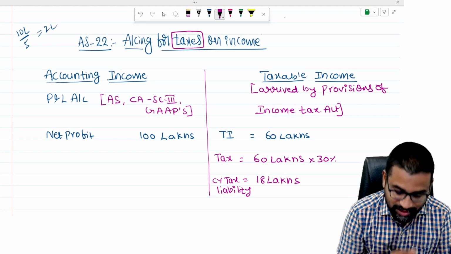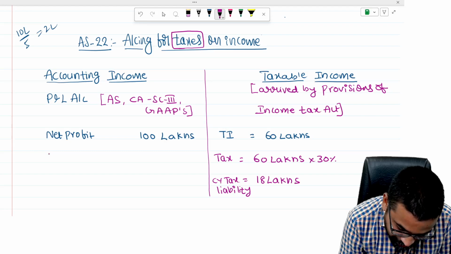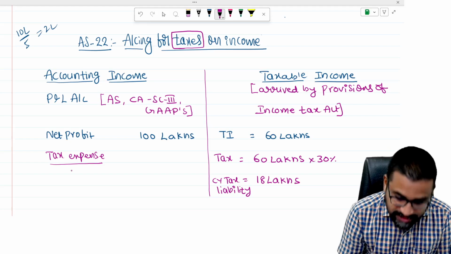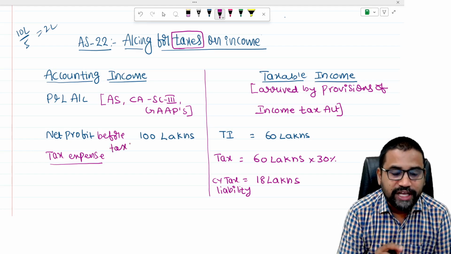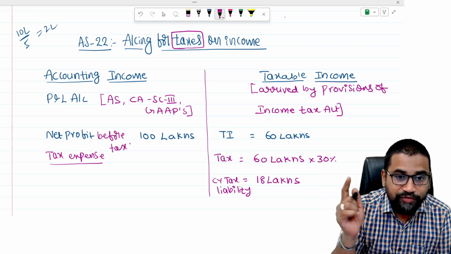Now come to the P&L account. From net profit, I need to show the tax expense. Because this is net profit before tax. PAT is profit after tax, PBT is profit before tax.